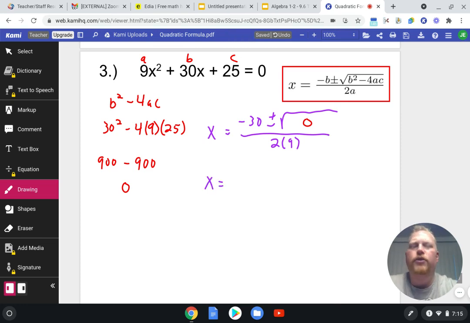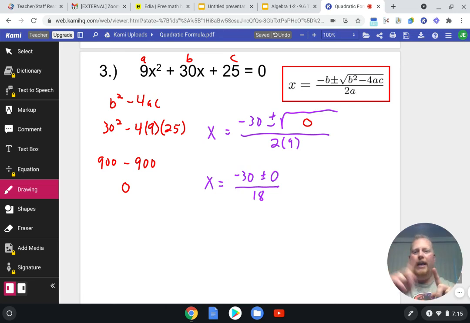I always advise you do what's underneath the square root first. In this case, it turned out to be 0. So let's go ahead and clean it up a little bit. Negative 30 just stays negative 30. Square root of 0 is 0. And 2 times 9 is 18. Okay? Now it's at this point that we split it up into 2 separate problems.